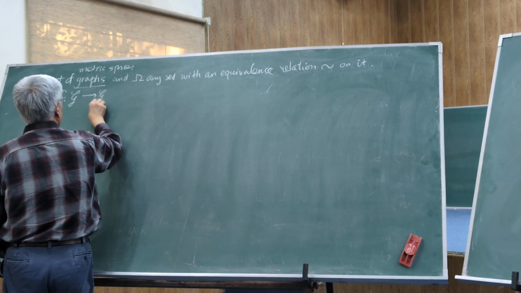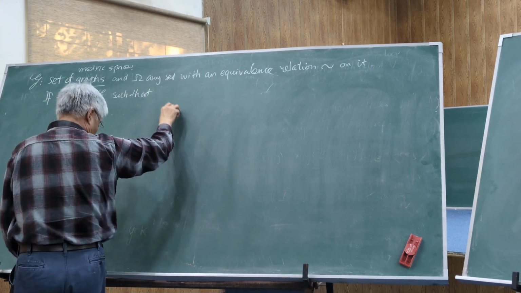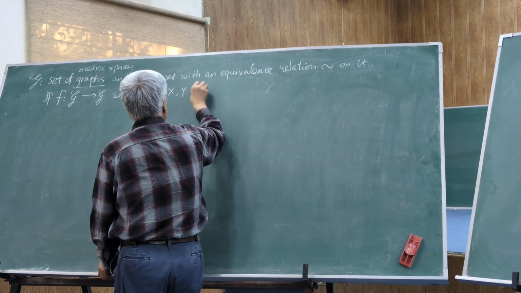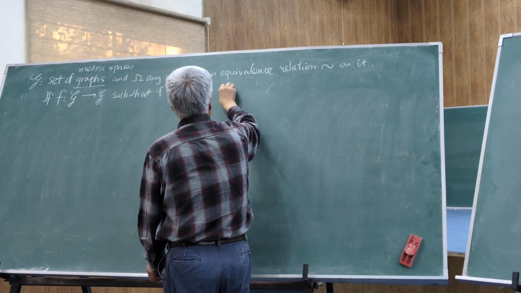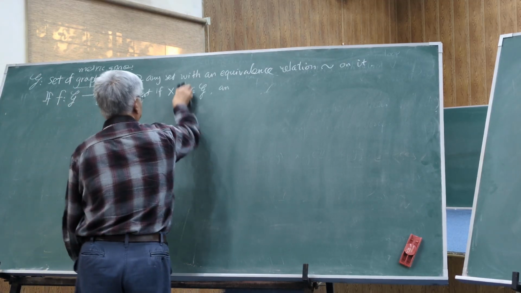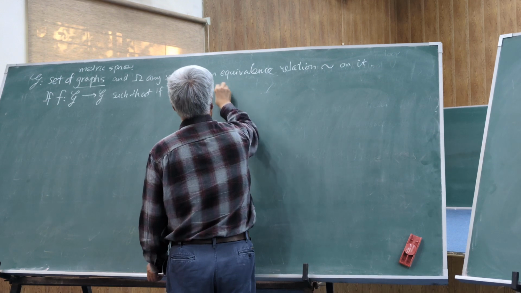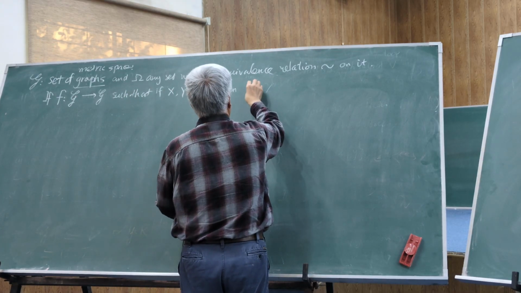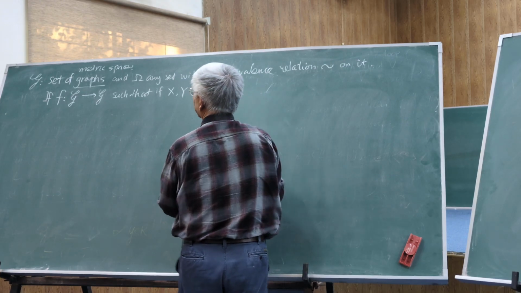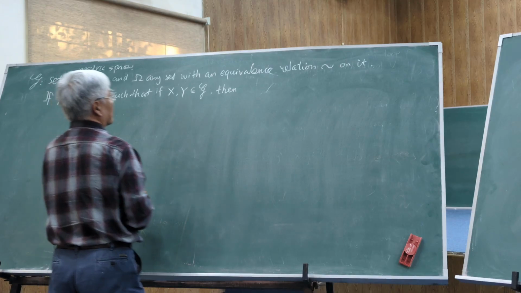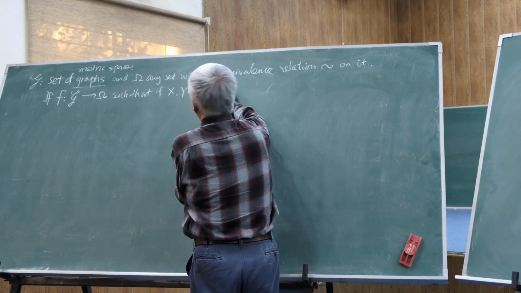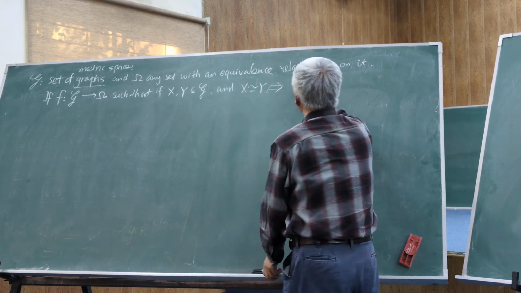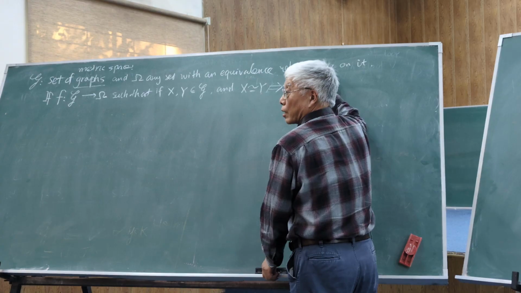This contains graphs in the current case, such that if X, Y are members of G, and X is isomorphic to Y, then Fx is equivalent to Fy.